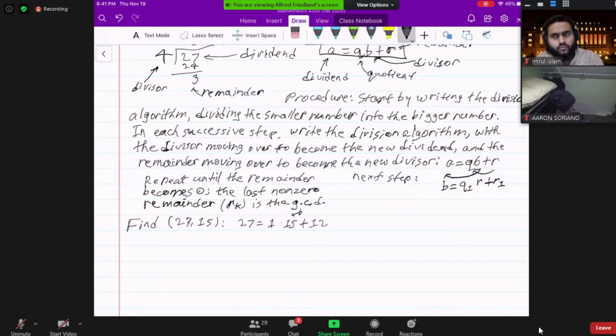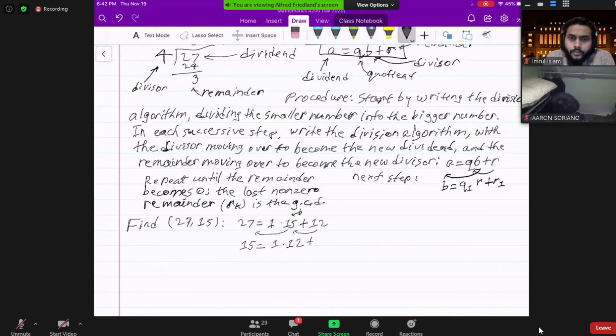Okay, so second line, the divisor moves over and becomes the dividend. So we have 15 equals, and then the remainder moves over and becomes a divisor. So it's going to be some quotient times 12 plus, well, we'll see what the remainder is. Well, okay, so we have 15 equals what times 12?